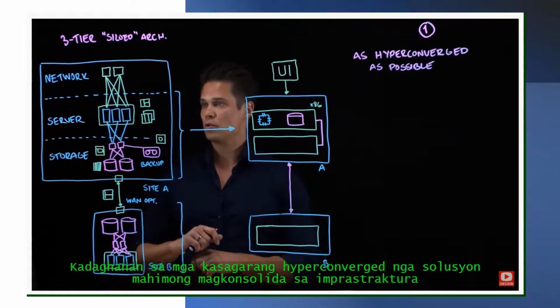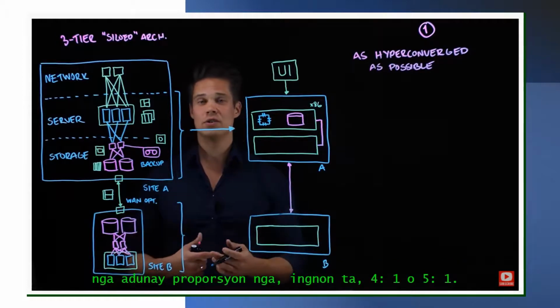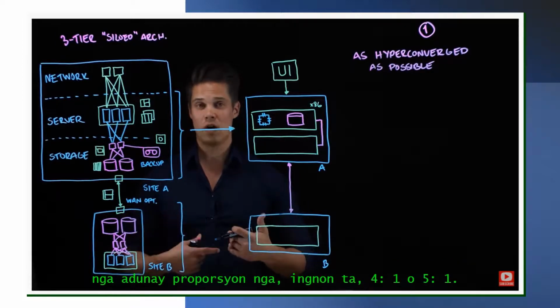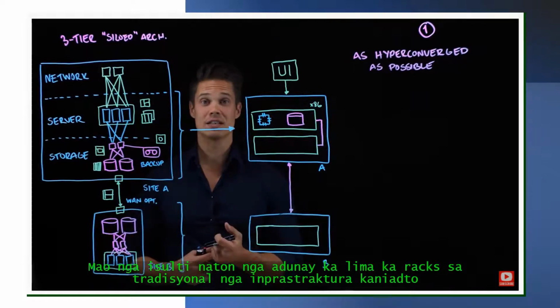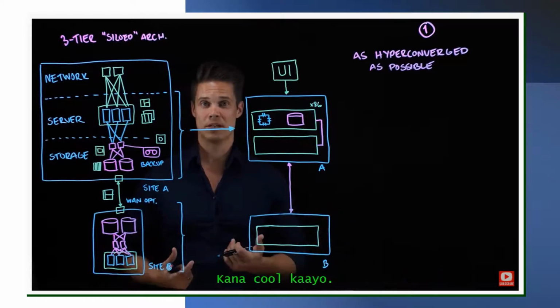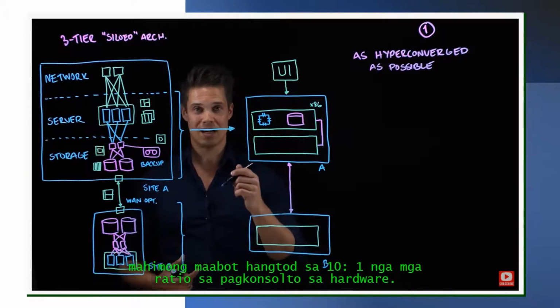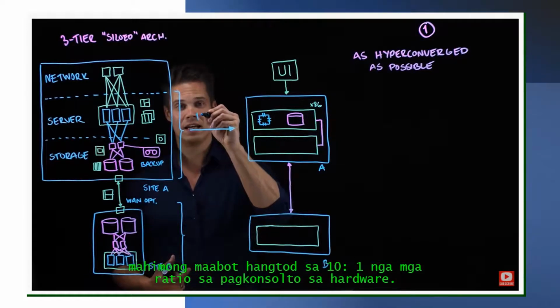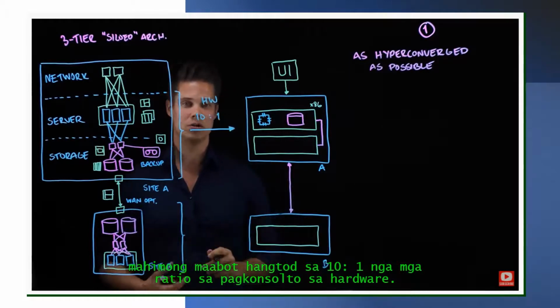Most typically, hyperconverged solutions can consolidate the infrastructure with a ratio of, let's say, 4 or 5 to 1. So let's say you had 5 racks of traditional infrastructure before, and when you move to hyperconvergence, you manage only with 1 rack. That's pretty cool. But some of the best solutions can reach as high as 10 to 1 hardware consolidation ratios.